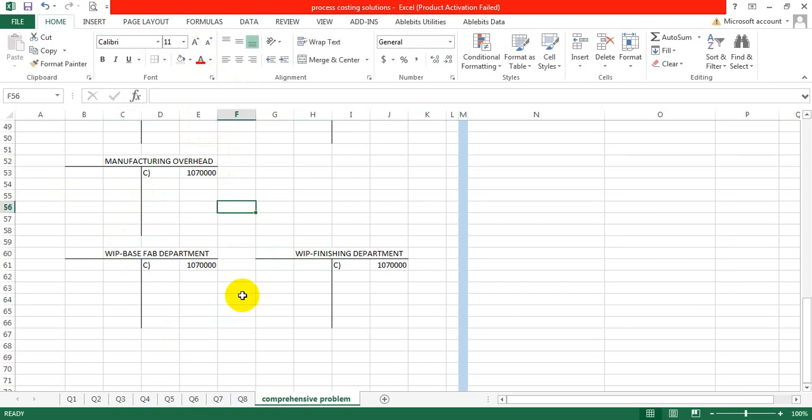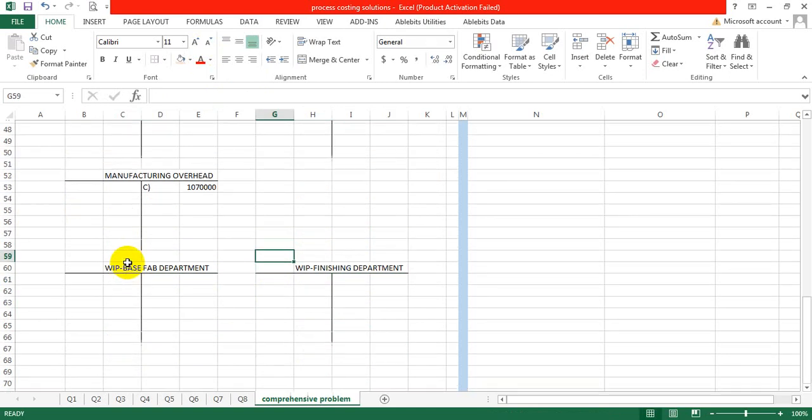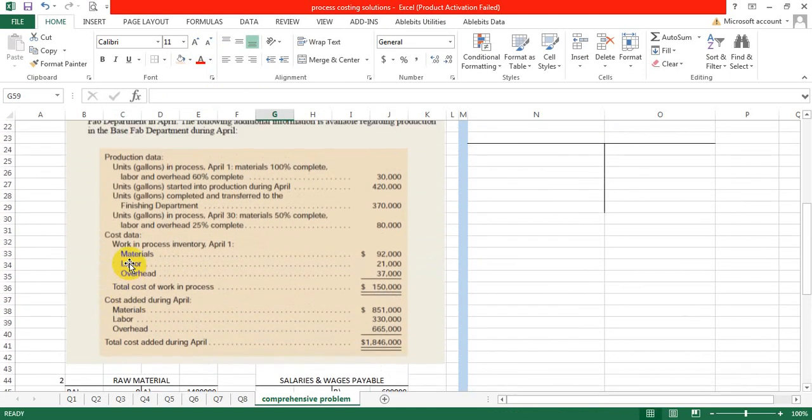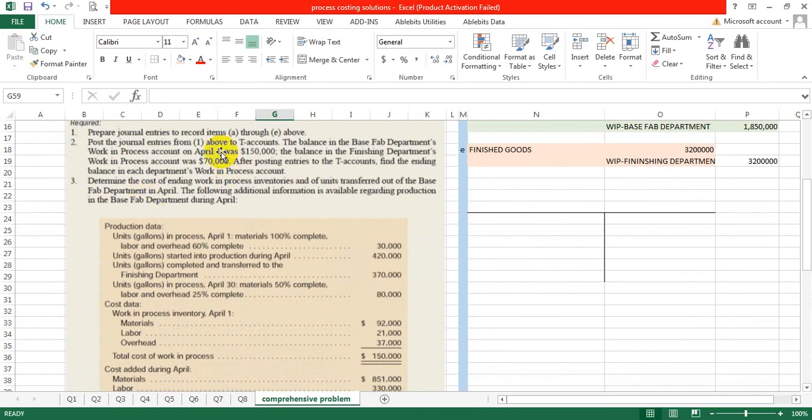Now, first see in the question we have the values. Which values? The beginning balance of both the departments, right? See here, the beginning balance, work in process beginning on April 1st was 1,50,000, finishing department work in process was 70,000.